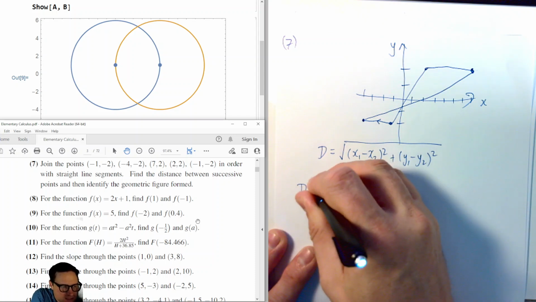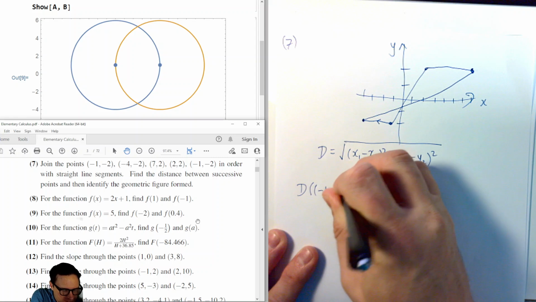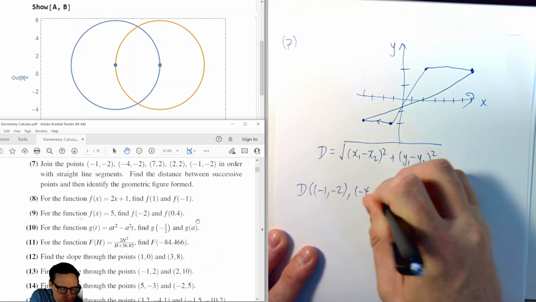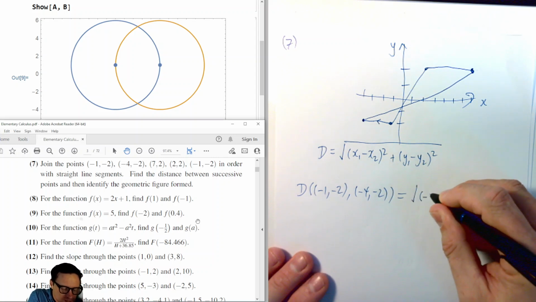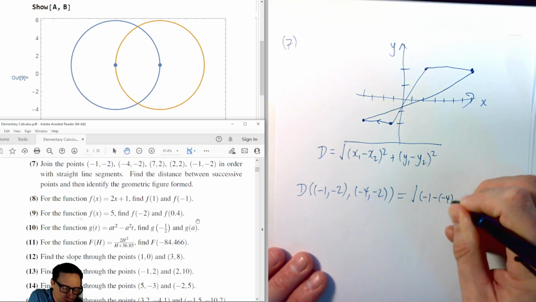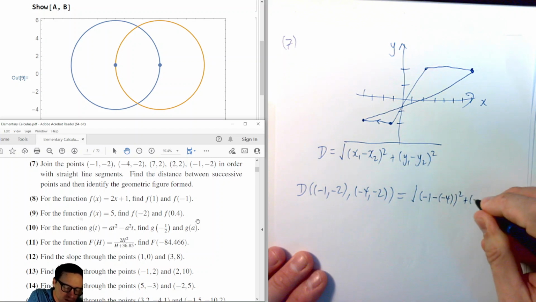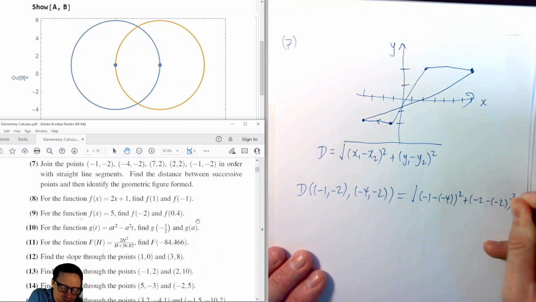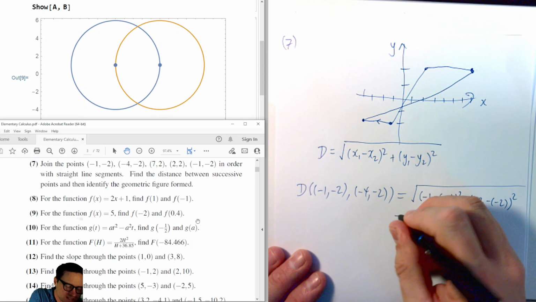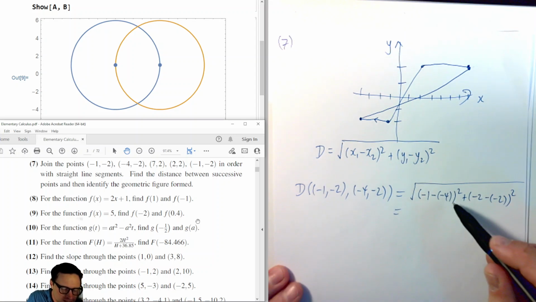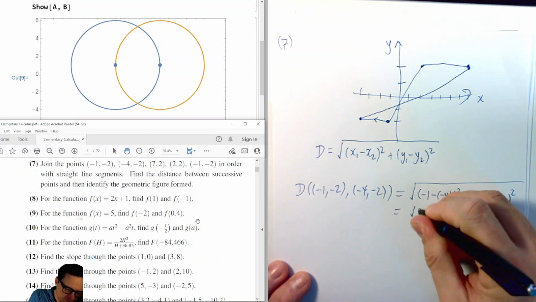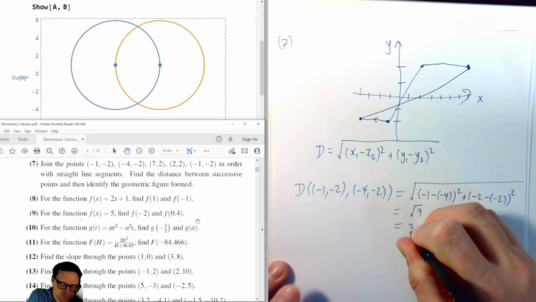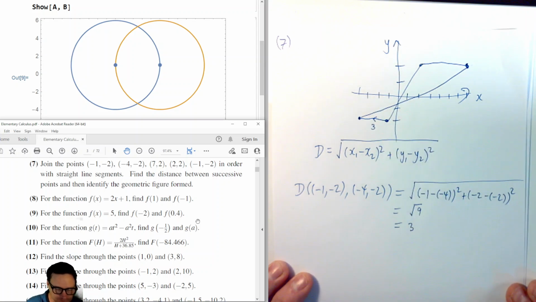So let's say the distance between minus 1, minus 2 and minus 4, minus 2 is equal to the square root of minus 1 minus minus 4 squared plus minus 2 minus minus 2 squared. This term vanishes, as we said earlier. This difference here is 4 minus 1, which is 3, but we square it. And so that gives us 9 square root. So the square root of 9, which is 3. So this distance here is 3.